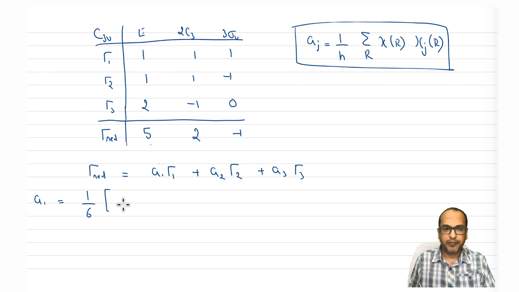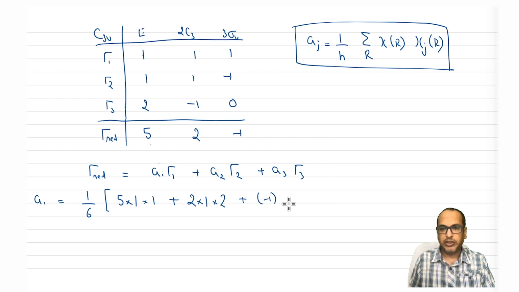So we'll see that. Okay, so 5, which comes from here. Then you have 1, which comes from here, into class size, which is 1 over here, right? Then 2 into 1 into class size. So this is very important that you multiply it with class size.